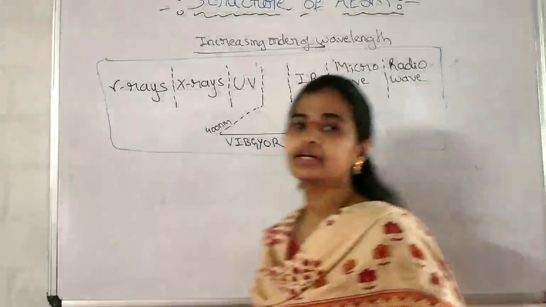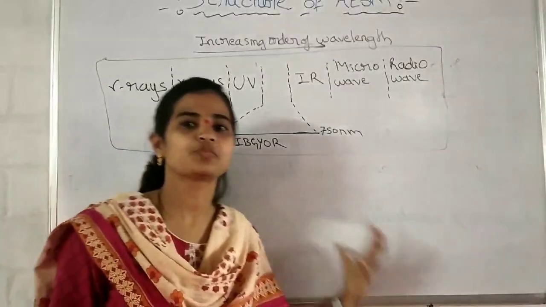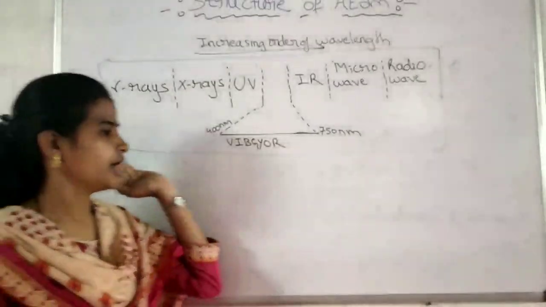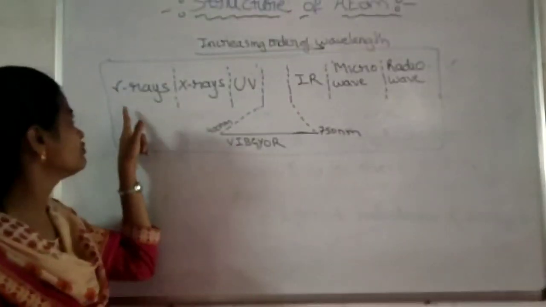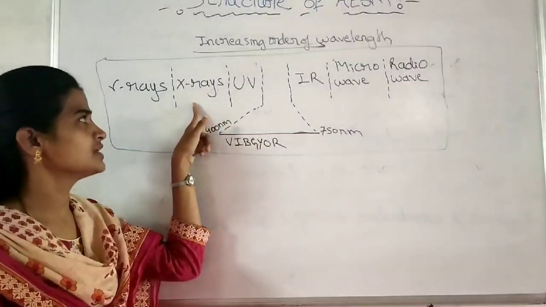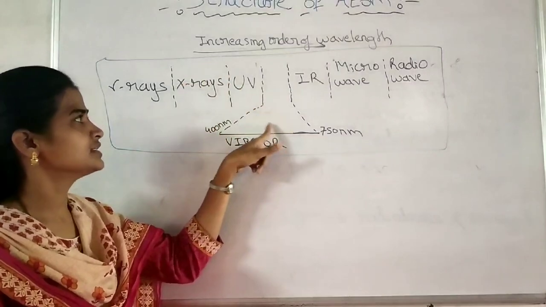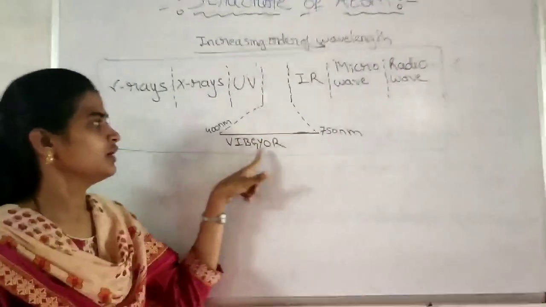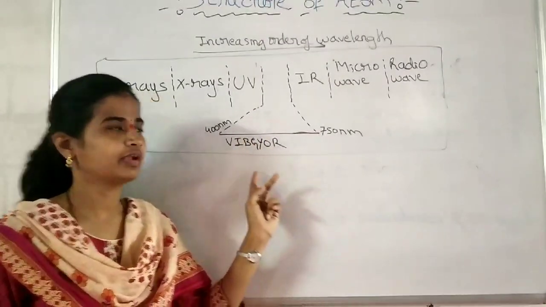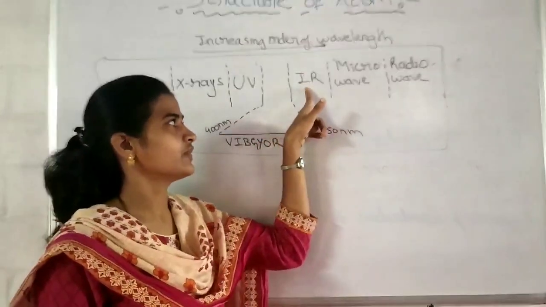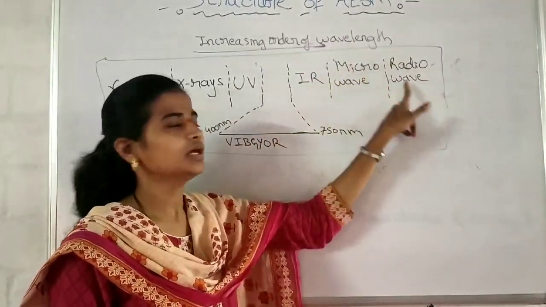Here I have shown you the electromagnetic spectrum. Electromagnetic waves consist of gamma rays, X-rays, ultraviolet rays, and visible light, which again contains 7 different colors, and infrared rays, microwaves, and radio waves.